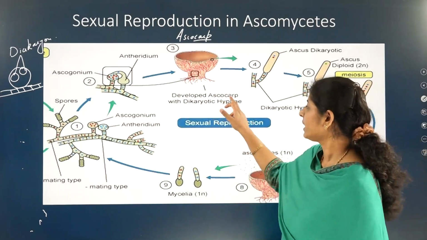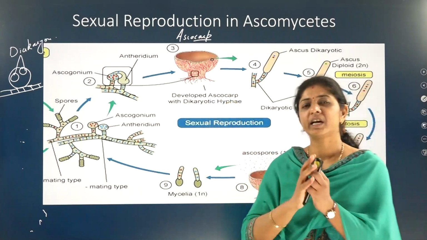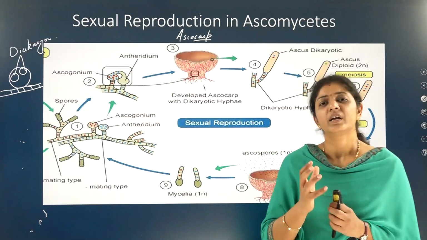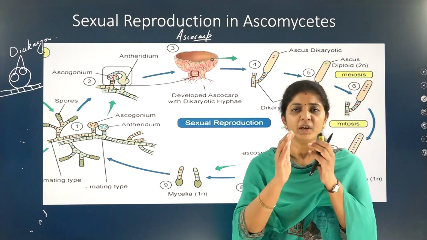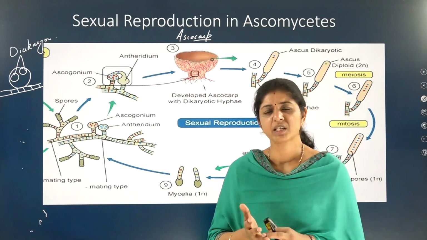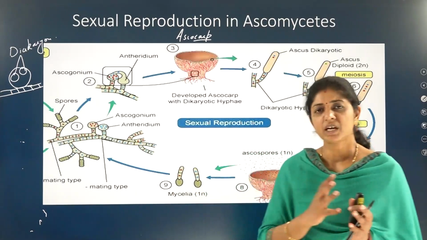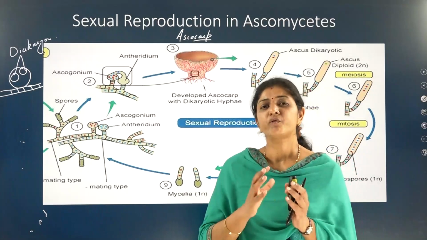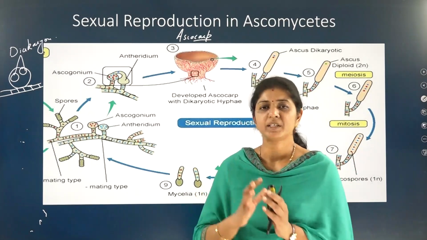Ascocarp. It can be cup-shaped, it can be globose, it can be cup and saucer shape, or, the correct word I must say, flask shape as well. Cup shape, flask shape, cup and saucer shape. These are the three main shapes of ascocarp. What is ascocarp? Fruiting body of ascomycetes.